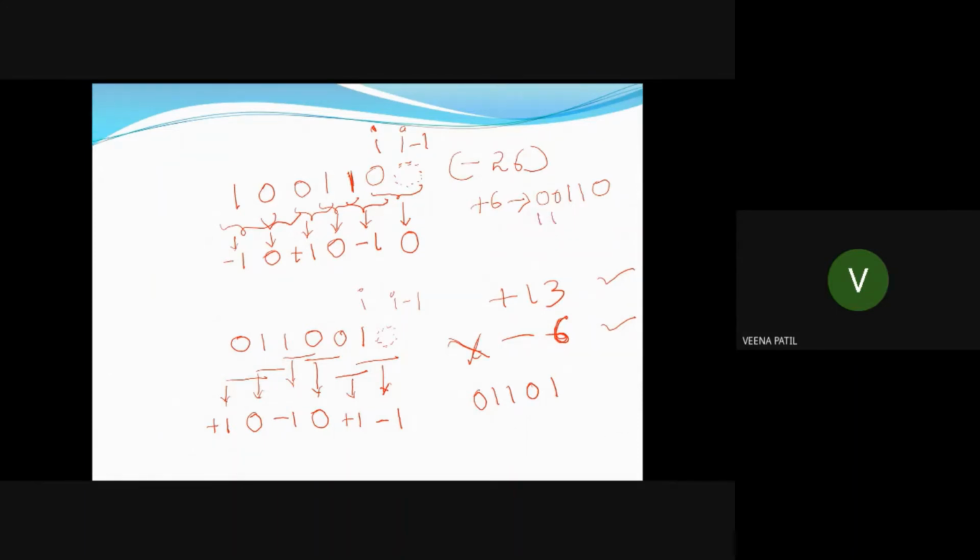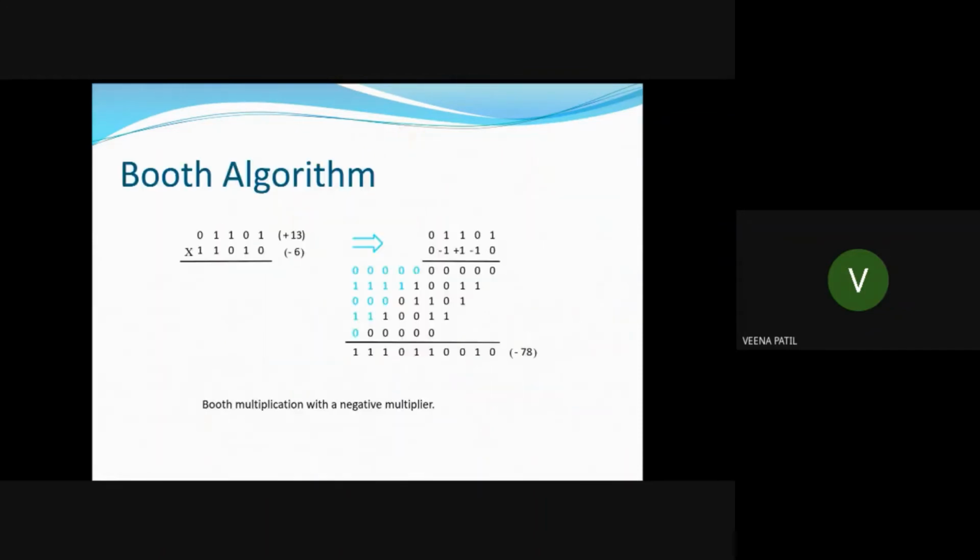Take the 1's complement of this first, then add +1 to it. That is the 2's complement you are going to perform. Then you are going to get -6, which is 11010.